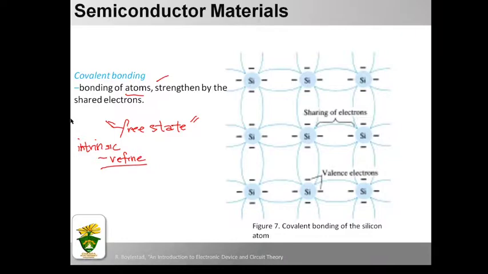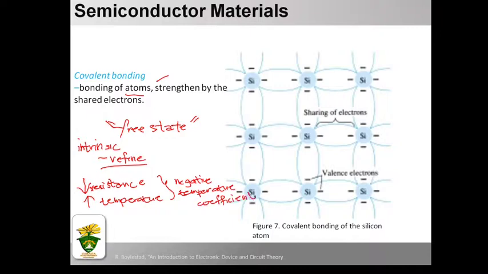Therefore, semiconductor materials such as germanium and silicon that show a reduction in resistance with an increase in temperature are said to have a negative temperature coefficient.